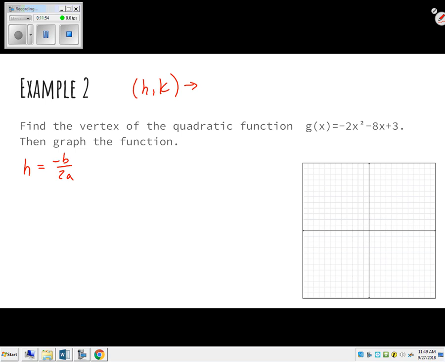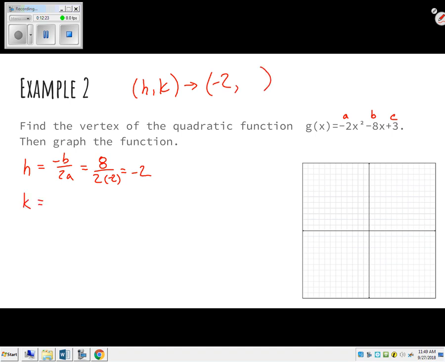I'm going to label my a, my b, and my c. My b is negative 8. So negative of negative 8 gives me a positive 8, and then 2 times a. A is negative 2. So 8 over negative 4 is negative 2. So my h coordinate is negative 2.